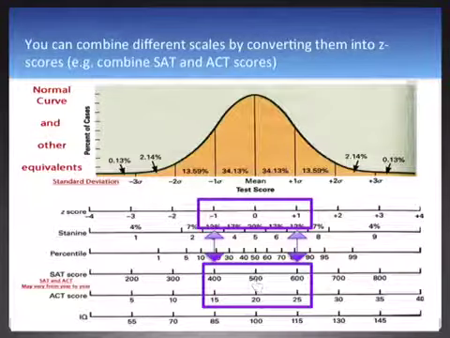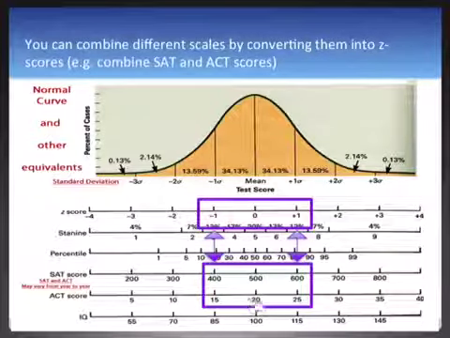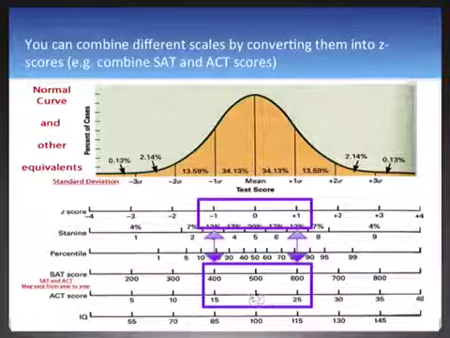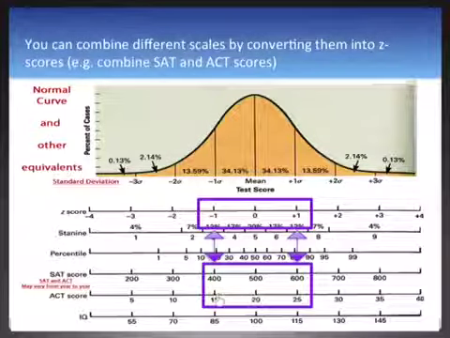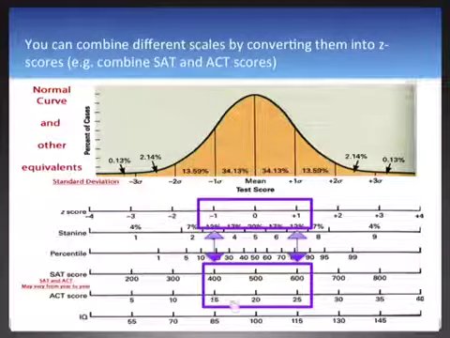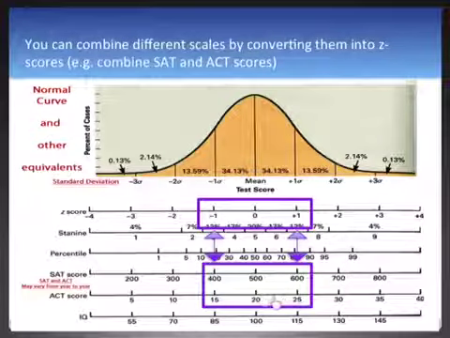Now we could say the same or similar thing for the ACT score. 20 points is the average. Then we see 25 is one standard deviation above, 15 is one standard deviation below. So 20 to 25 is 5 points, so that one standard deviation is 5.